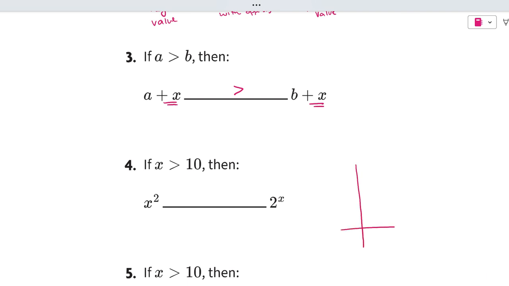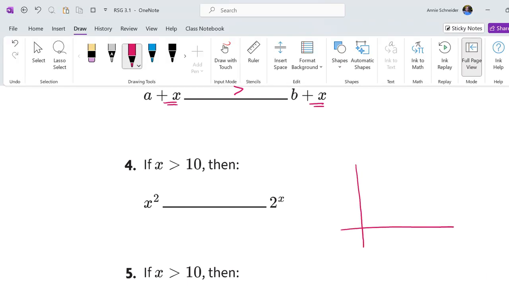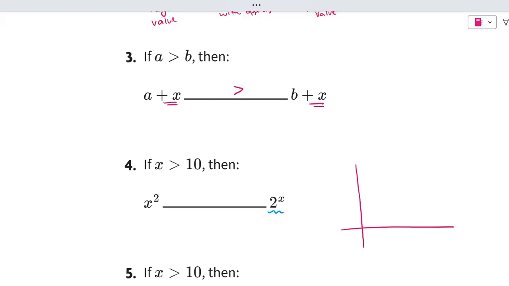So if I just want to do a quick sketch, let's do 2 to the x first. So the initial value is 1. And when x is 1, well, 2 to the first is 2. So let's say 1, 2. When x is 2, 2 squared is 4. So that's going to be one of the places they intersect.